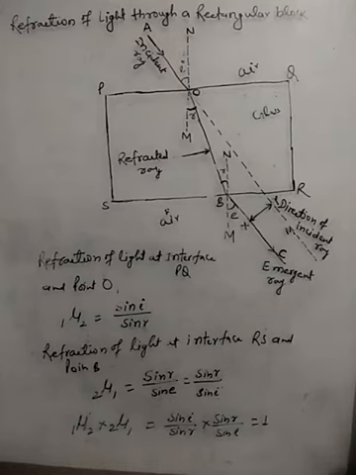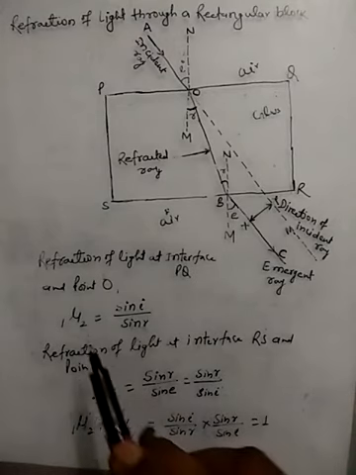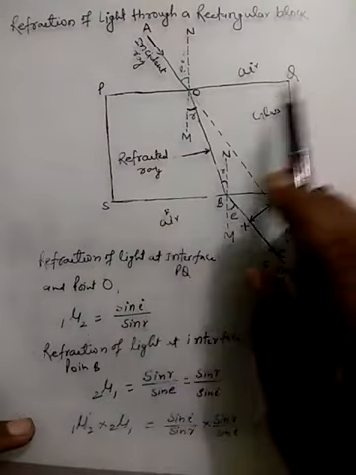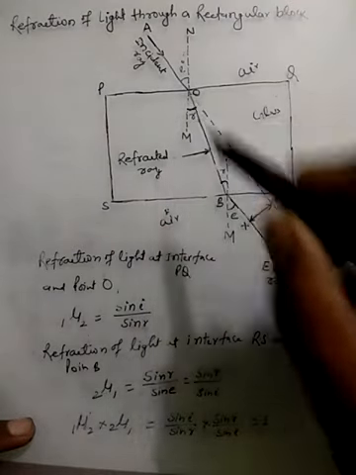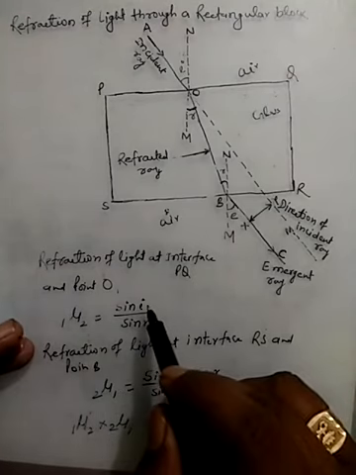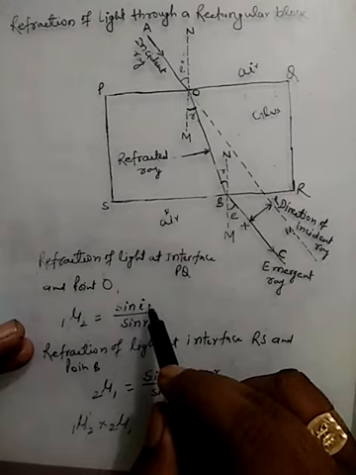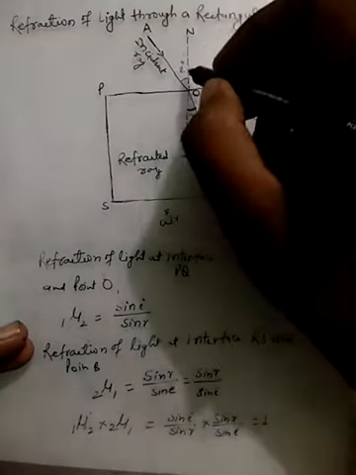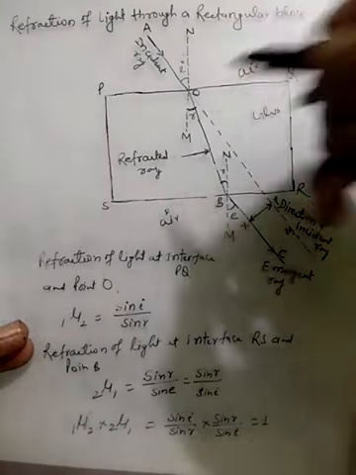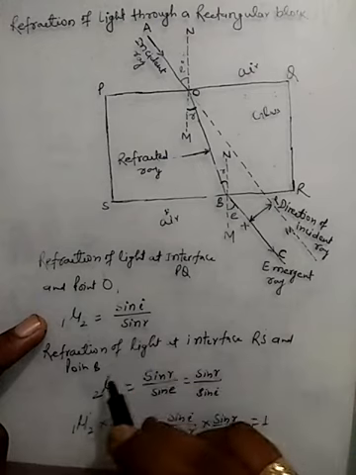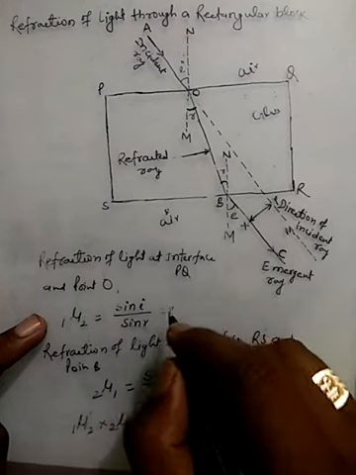Now, from refraction of light we know that for refraction at interface PQ and point O, this is the ratio of the sine of the incident angle to the sine of the refracted angle. Here the incident angle is I and the refracted angle is R. Therefore mu12 is expressed as sin I upon sin R, which is constant.